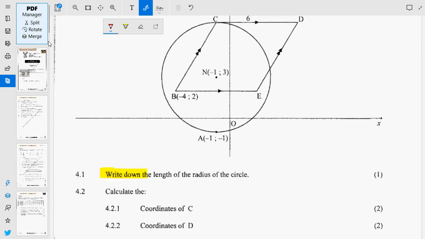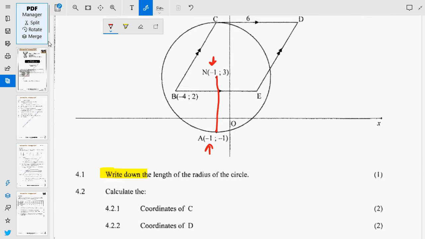So remember, the radius is a line drawn from the circumference of the circle to the center. So if I start from the circumference here, going to the center, that will be my radius. Now you can see that the x-coordinate here is -1 and the x-coordinate here is -1. So the x-coordinate is not changing.